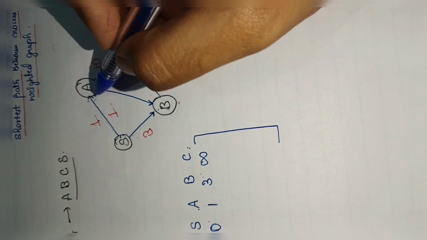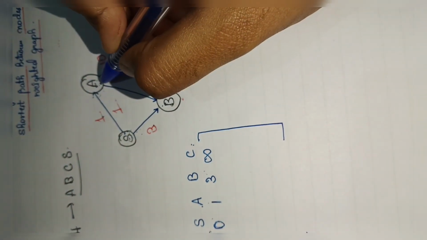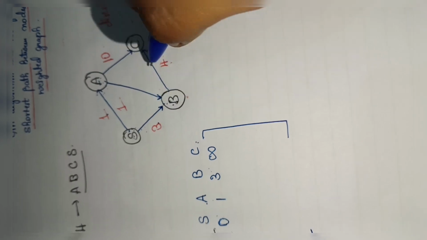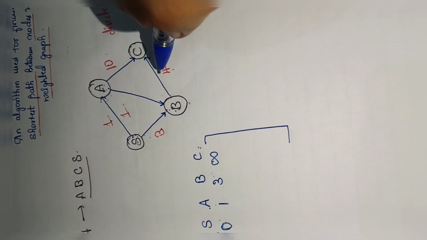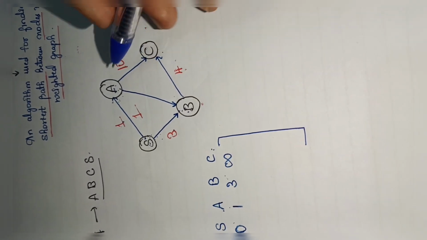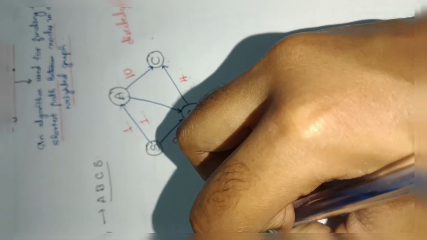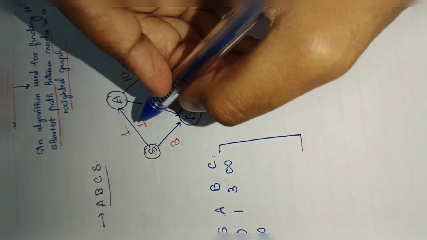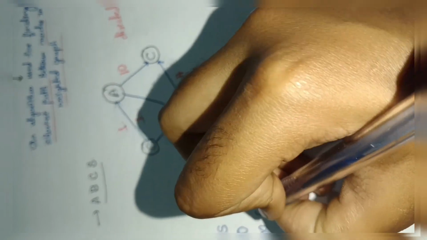It is not directly connected, so it is nothing but infinity. And then from A to A, again we have to take it as 0.